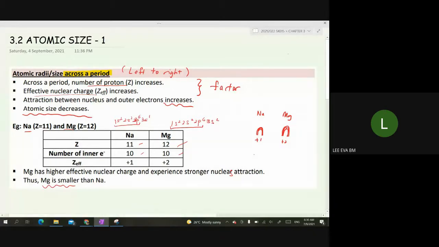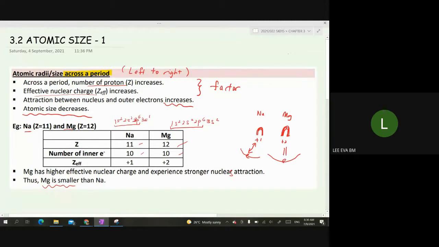Imagine this magnet is my nucleus, and then I have my orbit or the energy level around here. If this is my electron, this means the force of attraction between nucleus and the electron. So now if I have a stronger magnet, do you think it will attract stronger or weaker?